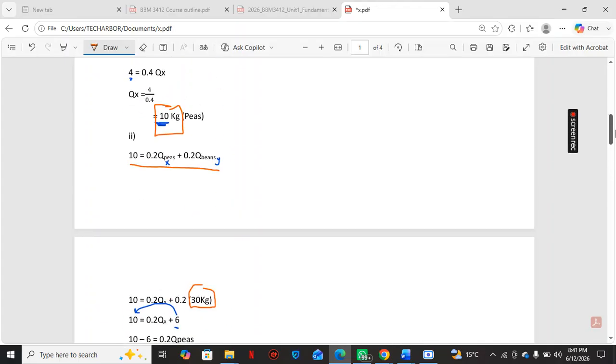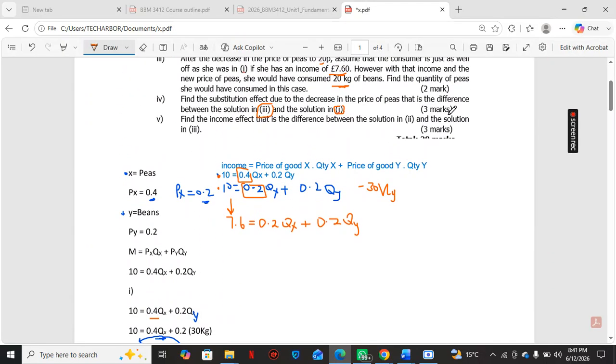Then part 5 of the question: find the income effect. That is the difference between the solution in 2 and the solution in 3. Income effect is the change in the quantity you buy because of income.